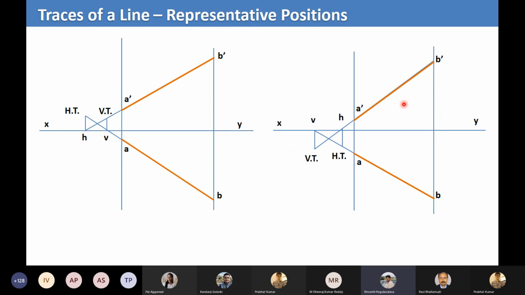AB is the top view. Just forget VH, VT, HT, or keep your hand so that you don't see them. Now you extend A dash B dash, which is the front view. It intersects the XY line at small h.